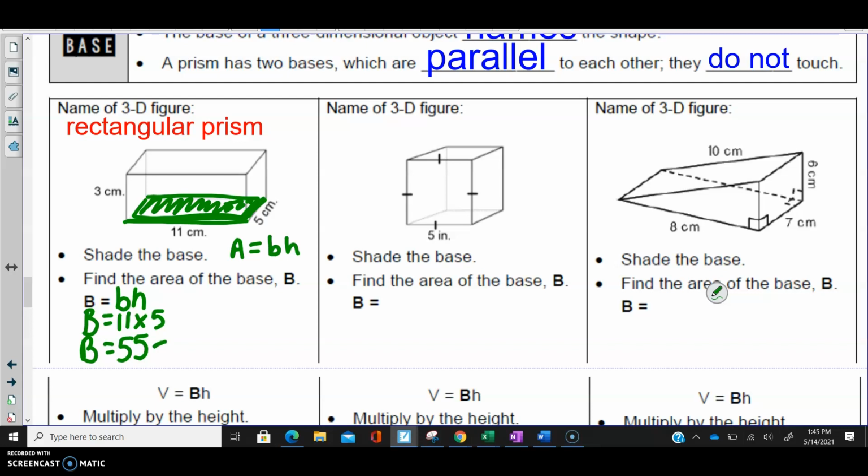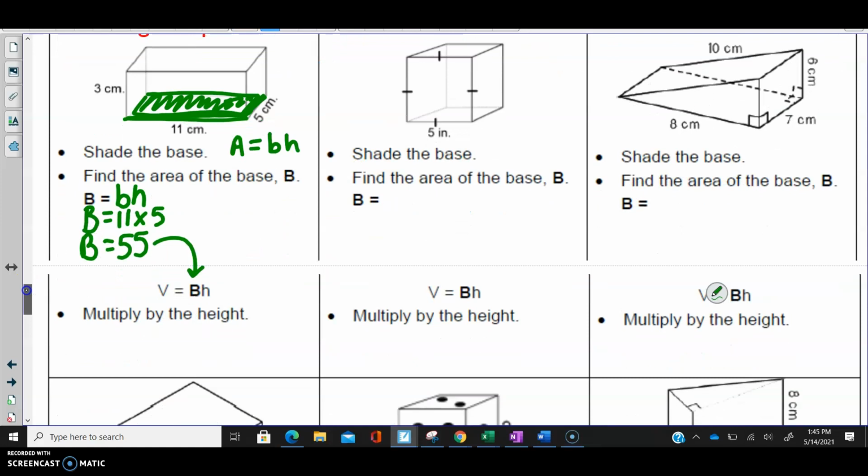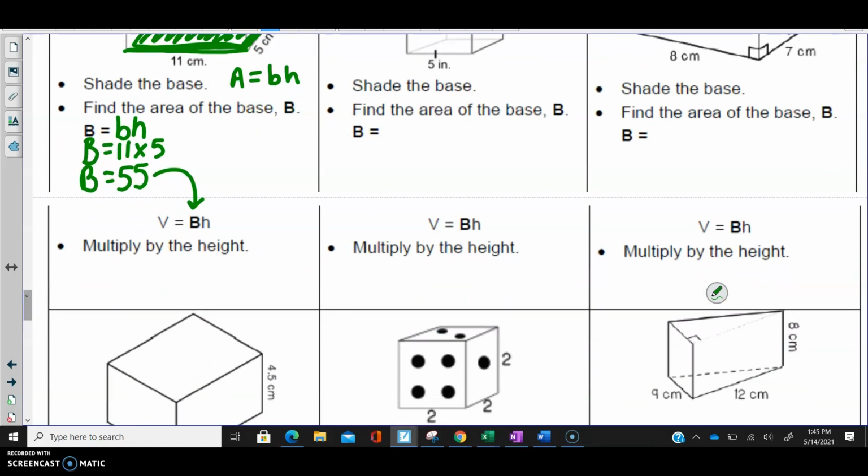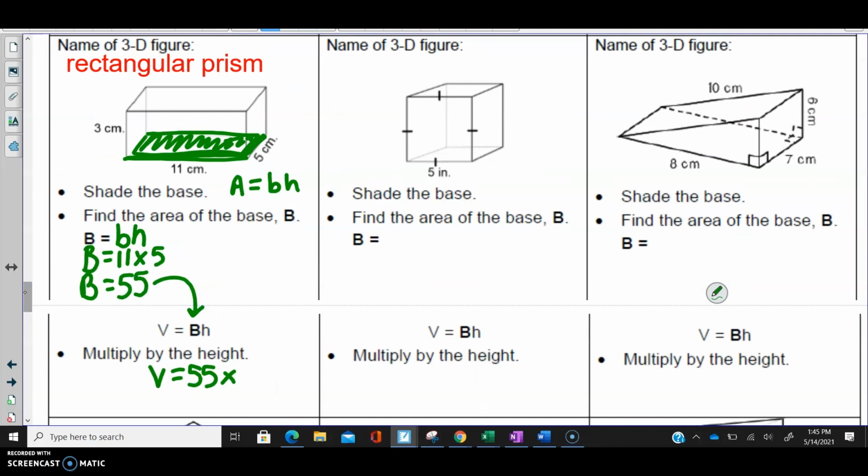Now our next step, we have to plug big B into our volume formula. So we have V equals 55 times the height of our three-dimensional shape. The height of our 3D shape, seen here, is 3.